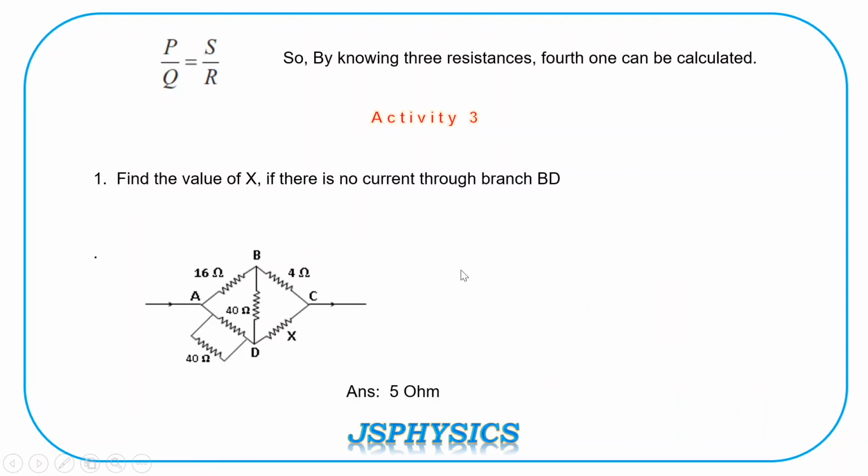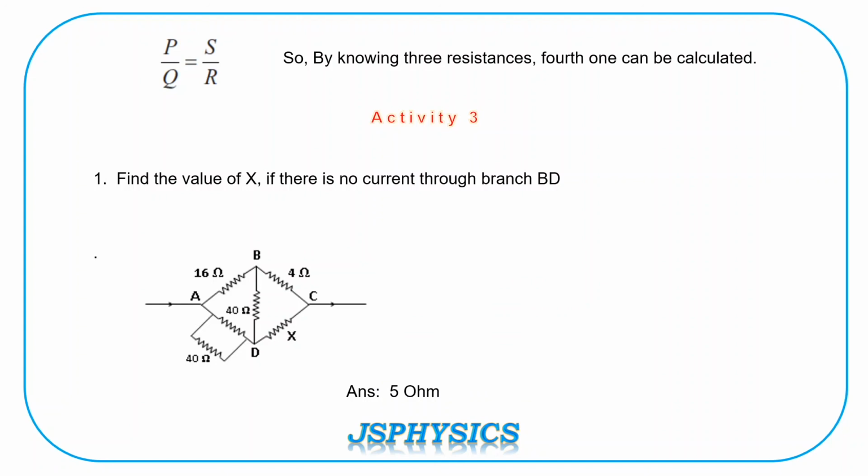Here is the answer. You should get 5 ohms. How come? 40 and 40 ohms resistances are in parallel, and that is connected in AD branch of the network. That means if you calculate the effective resistance of 40 and 40 in parallel, your answer will come out to be 20, right? And that 20 is connected across AD.